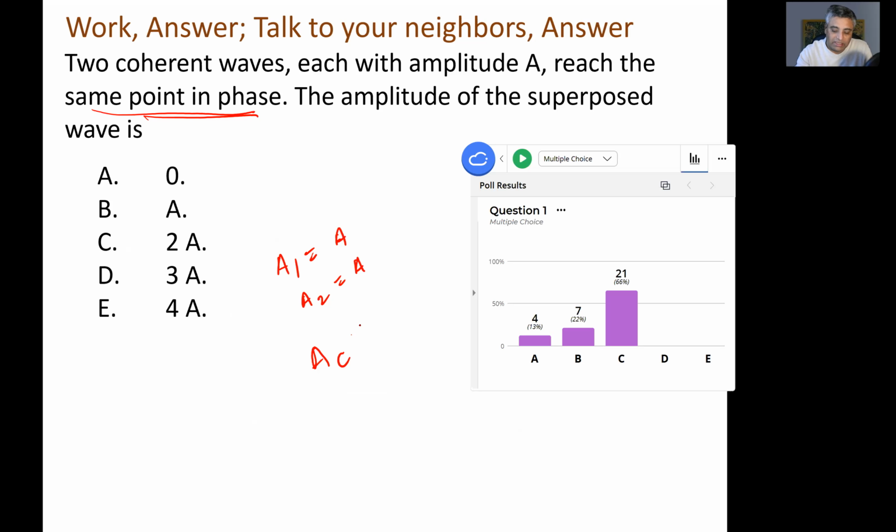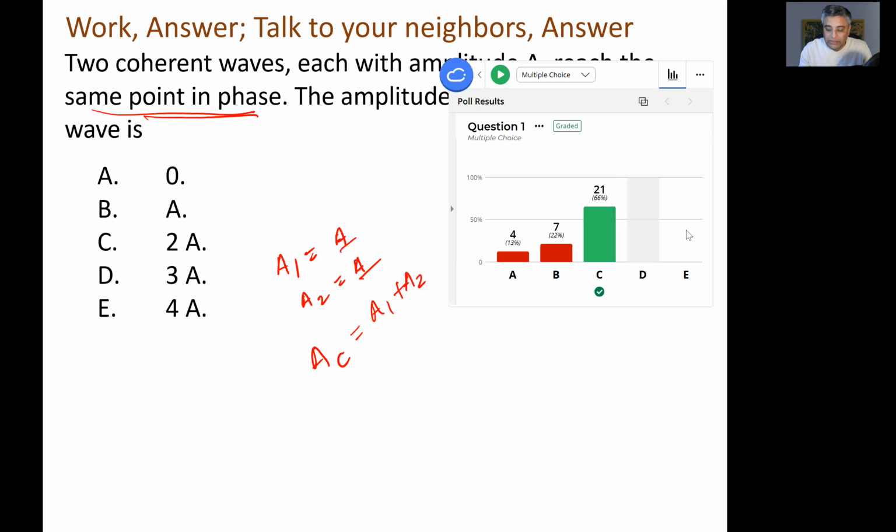So that means it's going to give you constructive interference, means A1 plus A2, means you just add them. A plus A is 2 times A. So they get added, right? So that's what this is. Okay.